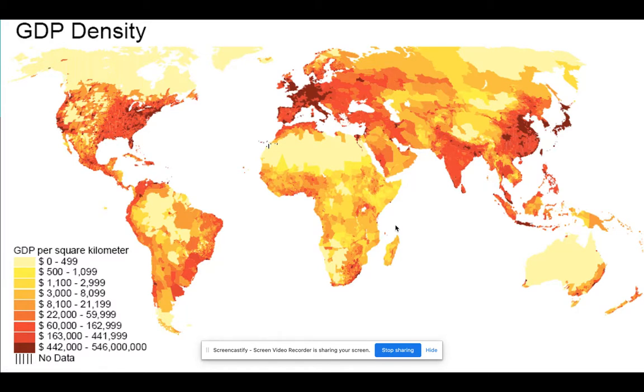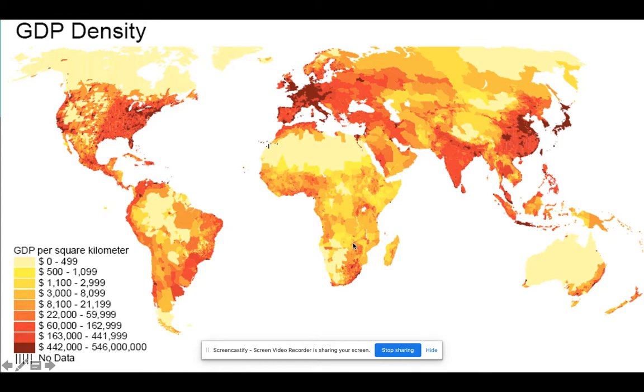GDP, that's gross domestic product. So that's showing how much money people earn per square kilometer. So the darker red it is, the more money the people have there. The lighter yellow it is, the less money they have there. So if we take this map, we see the continent of Africa has a lot more yellow than it has red, especially compared to the continent of Europe or North America with the United States here.